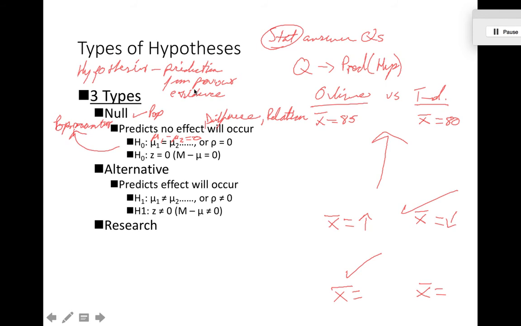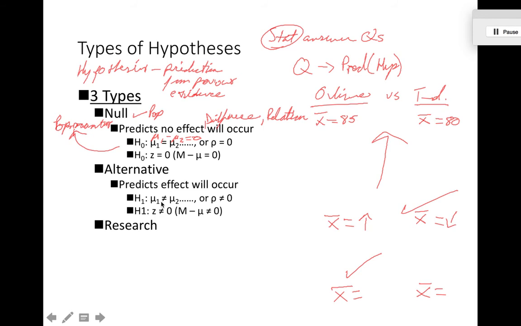The alternative hypothesis predicts the alternative of the null hypothesis. If the null hypothesis predicted no effect, no difference, no relationship, the alternative predicts that there is an effect, there is a difference, there is a relationship. Okay? So here, the difference between mu1 and mu2 would exist.